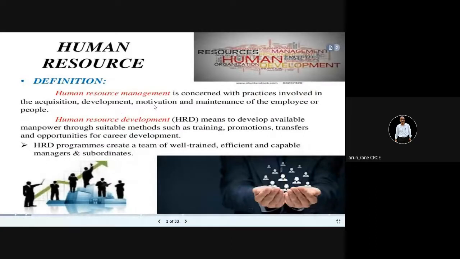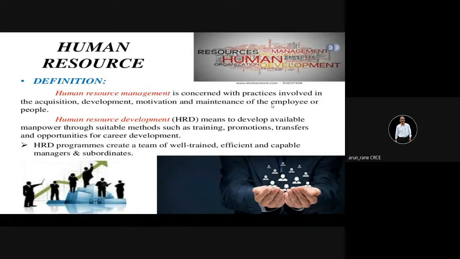So this is the content. Human resource management is concerned with the practices involved in the acquisition, that is to acquire, to develop. Then motivation is most important, and obviously you have to maintain that zeal.